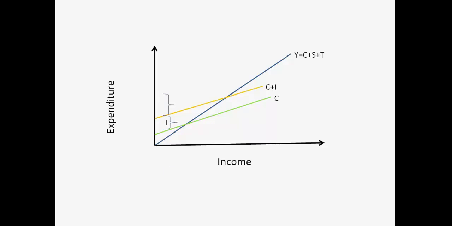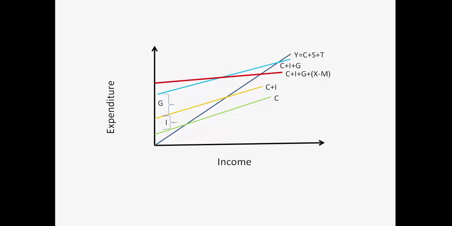On top of it, when we superimpose the effect of government expenditure, we get the consumption plus investment plus government expenditure curve, which is a light blue line. Over and above it, when we superimpose the net effect of exports and imports, we get the curve of consumption plus investment plus government expenditure plus net effect of exports and imports, which is a red line.